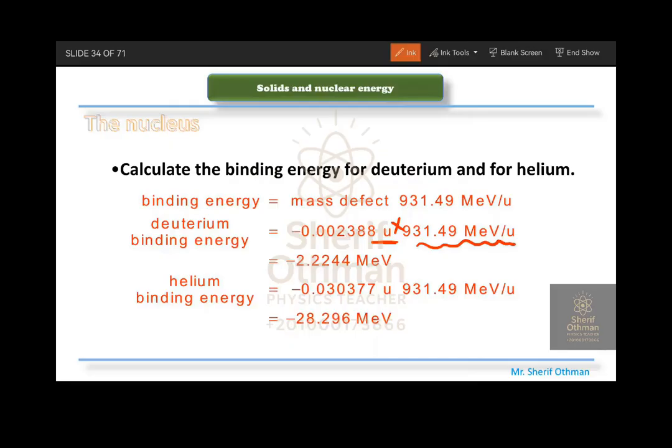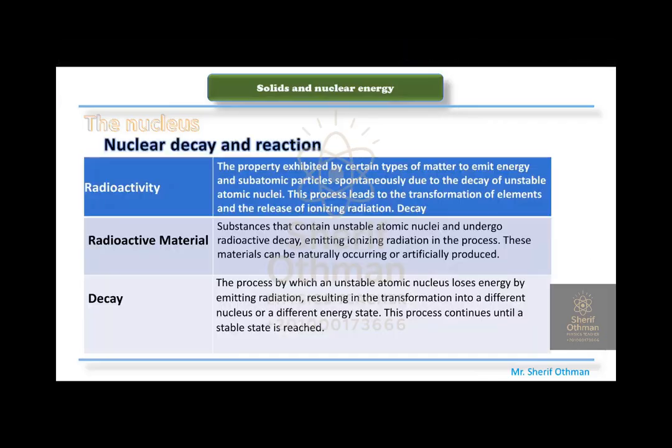So the binding energy of deuterium is negative 2.2244 mega electron volt, and for helium, the mass defect is negative 0.03, multiplied by the conversion value, giving negative 28.296. And we said before, the negative sign represents the decrease in mass by converting it into binding energy.